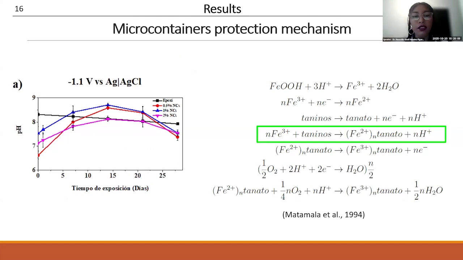Now, if we analyze the pH of the bulk, initially we can see an increase of the pH due to the generation of OH ions, and because of the tannin release that also has OH in its structure.